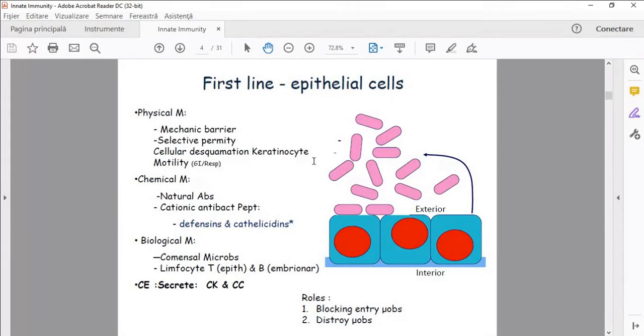These can be found at the skin level, but also at mucosal level. Skin and intestine are colonized by more than 500 commensal bacteria species.